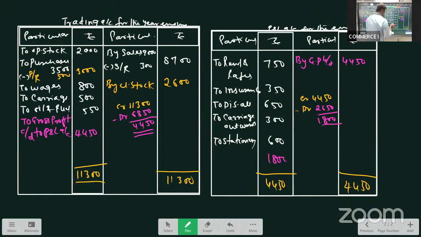What do we call this 1,800, guys? We call this net profit. Where do we carry this? We will carry it to the balance sheet. Net profit carried down to balance sheet. This net profit will be added to capital.